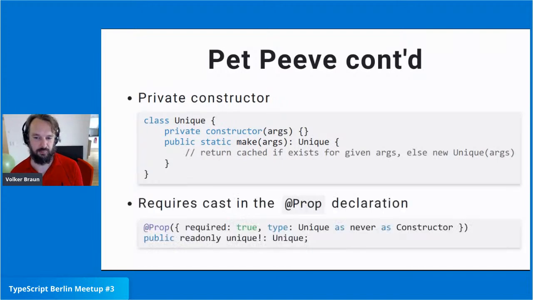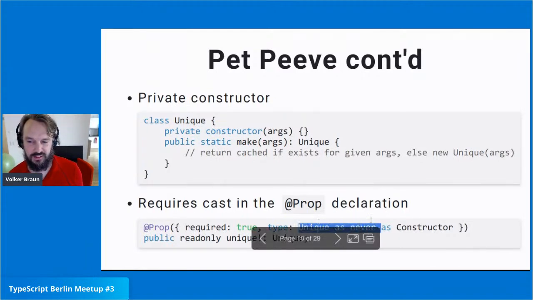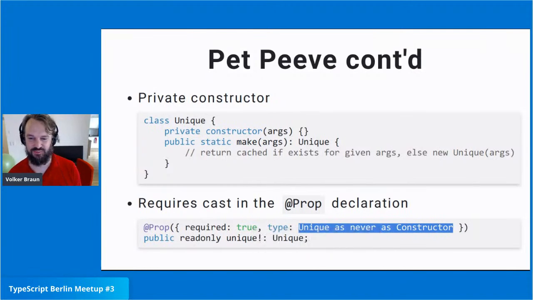Nice, but that doesn't have a constructor signature because its constructor isn't available to the outside world. So you have to do a somewhat unsightly cast. Anyway, that's just to mention this pet peeve. If you have any better solution, well, let me know.